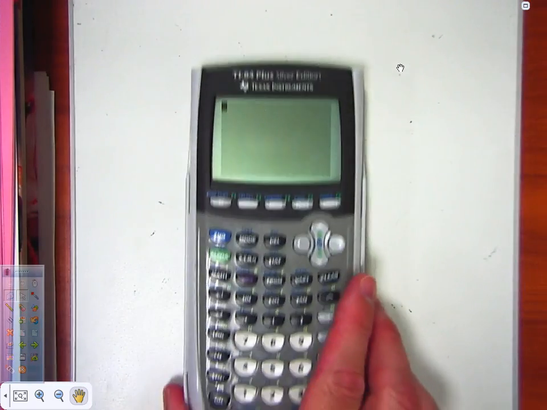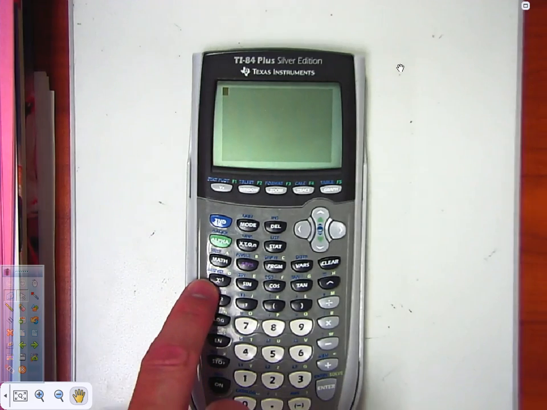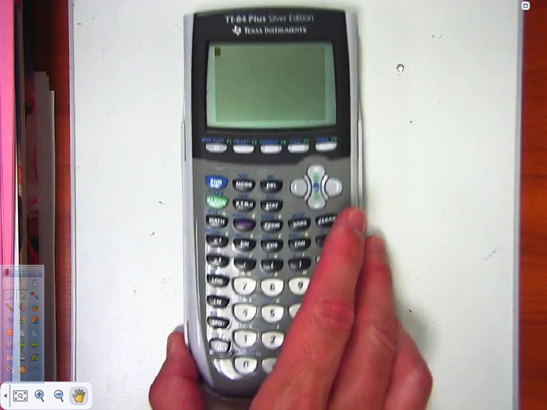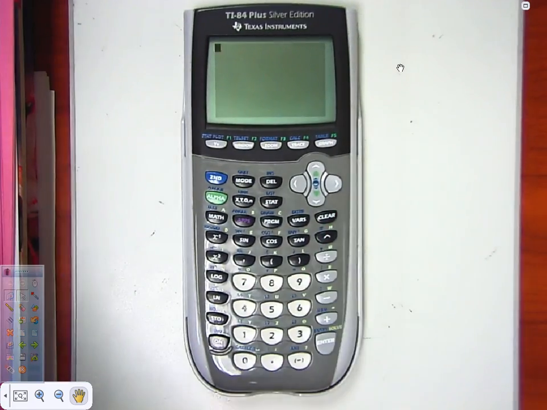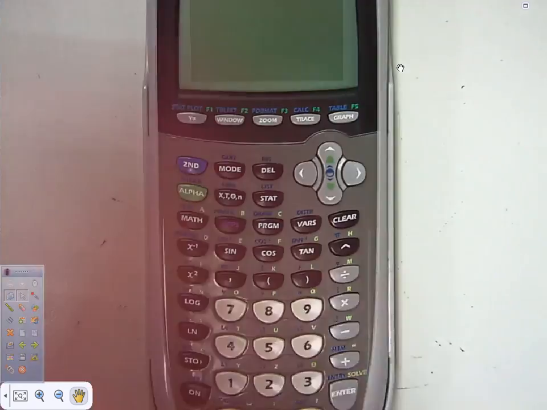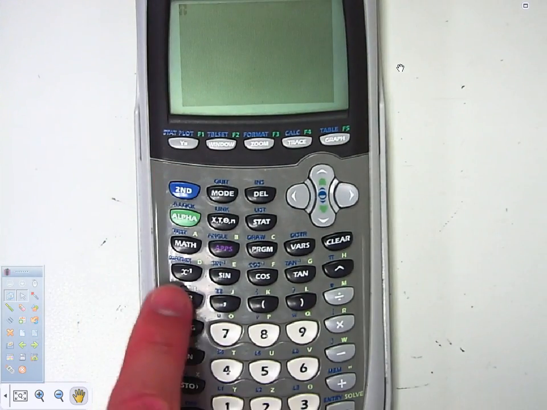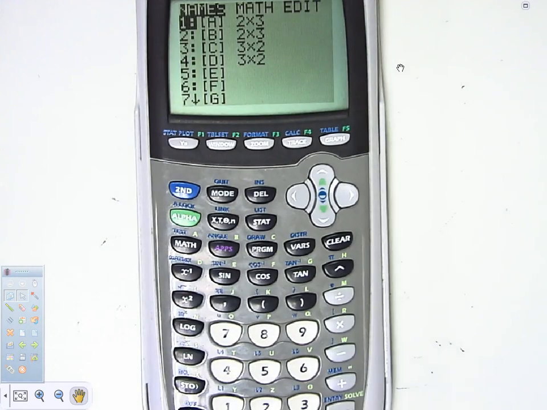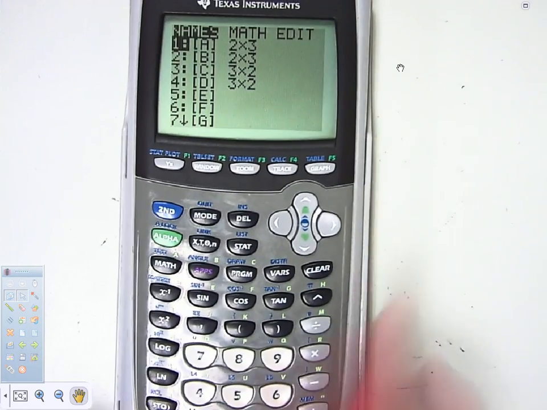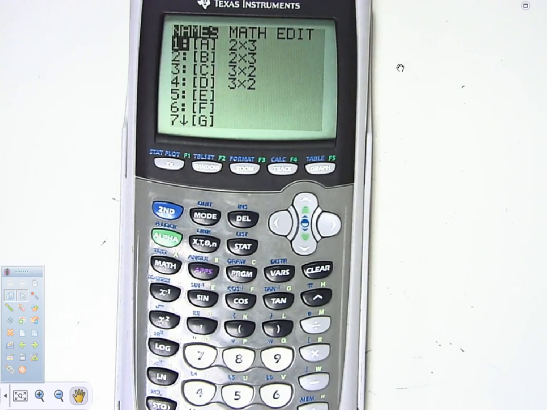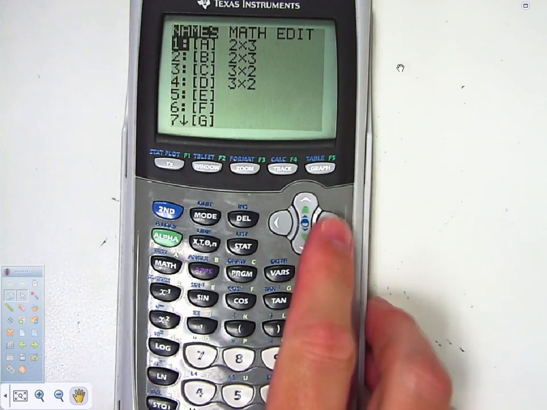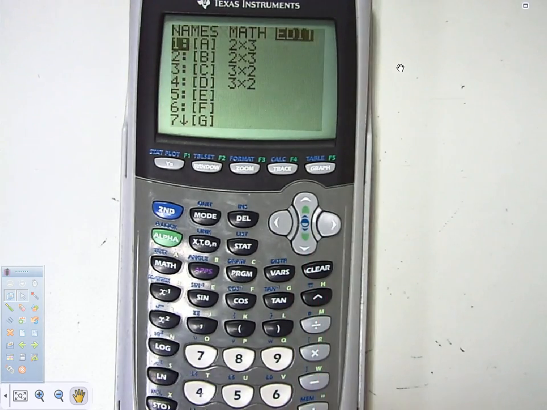Just above your x to the negative first power button is your matrix key. So go second, x to the negative first, and it should give you a list of matrices. We've got to go in and create one, so choose the first one and edit it.